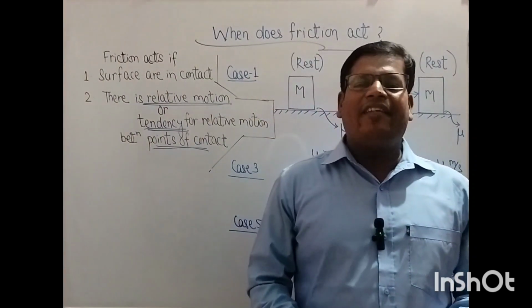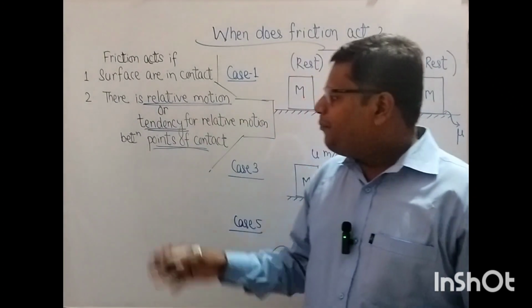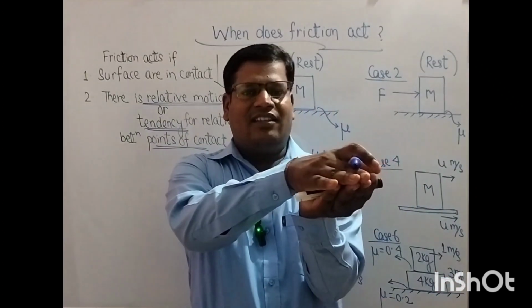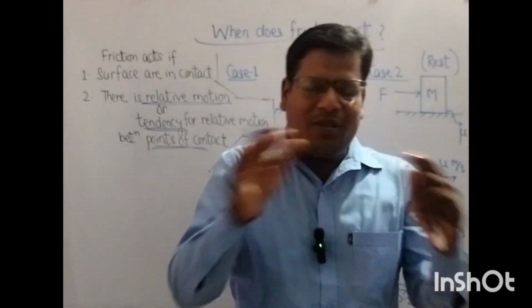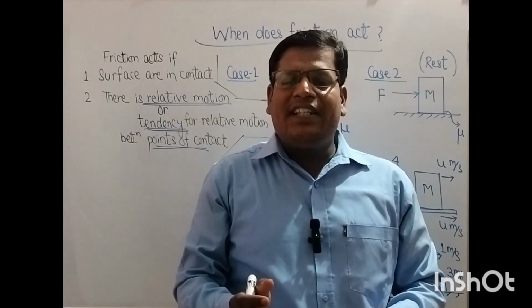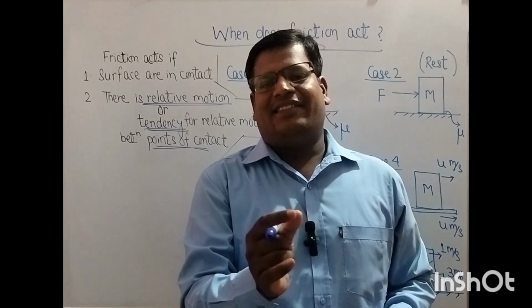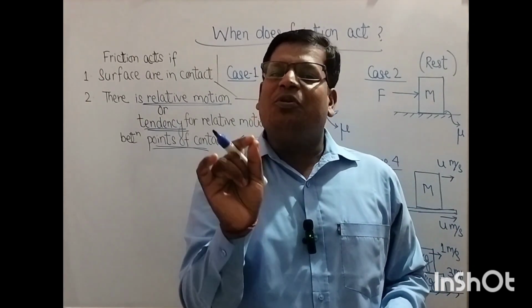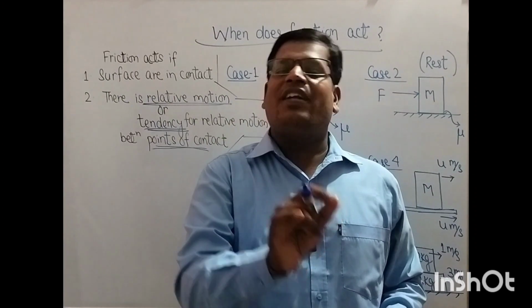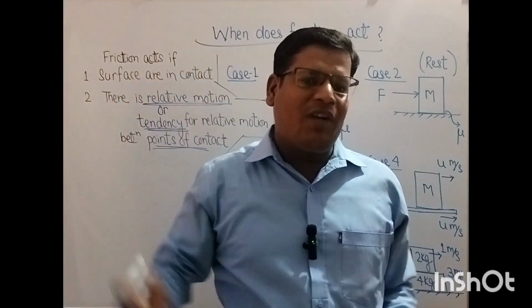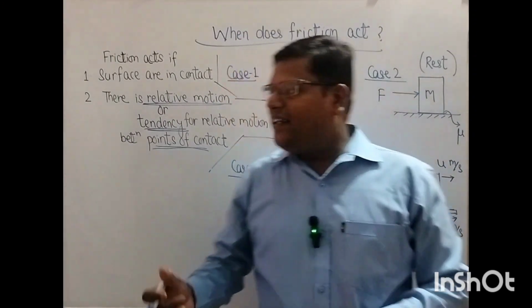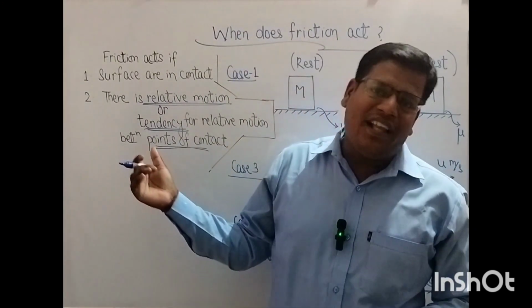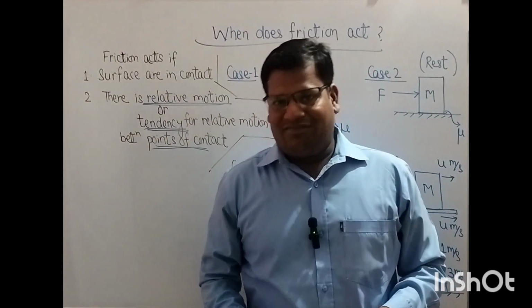Try to see if there is relative motion or tendency for relative motion between the points of contact of the two bodies. Let's say they are in contact. So the bottom surface of the top body and the top surface of the bottom body. Try to see what is happening between those two surfaces. Is there relative motion between those two surfaces? Don't try to see what is happening to the center of mass or the center of the body, right? This point will be very useful while studying rolling.